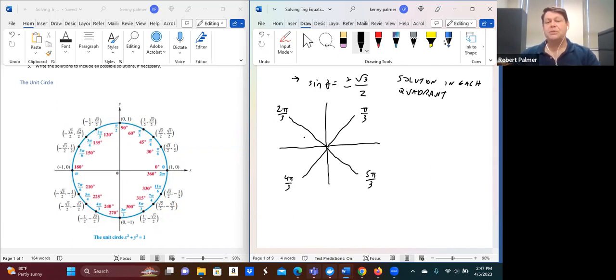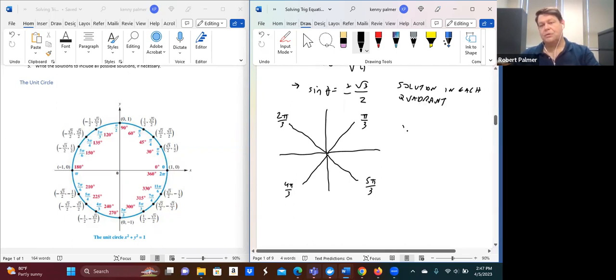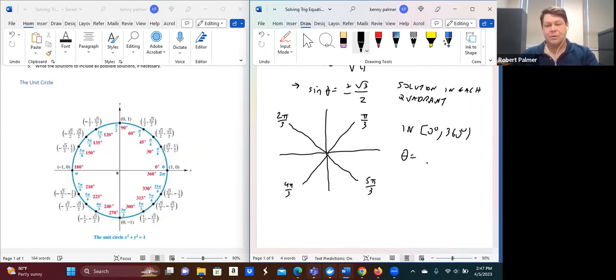Now, once again, we have 4 solutions. So if we want our solutions in degrees, 0 to 360 degrees, then we have 4 of those. So that's going to be 60, 120, 240, and 300.